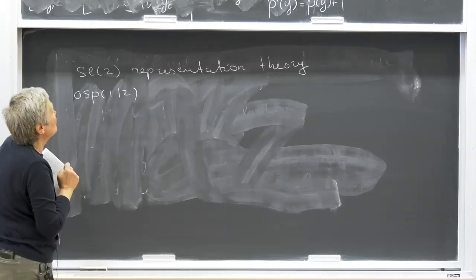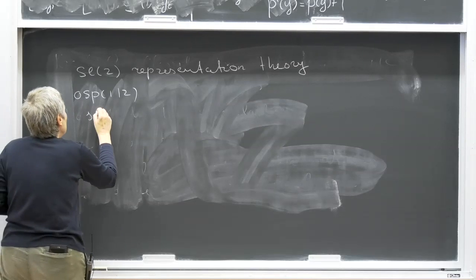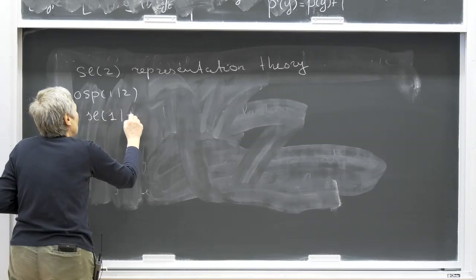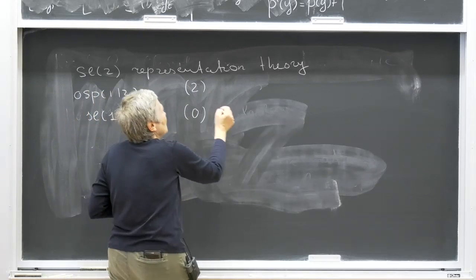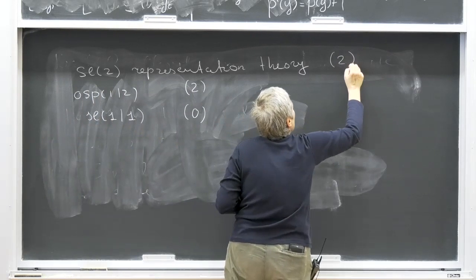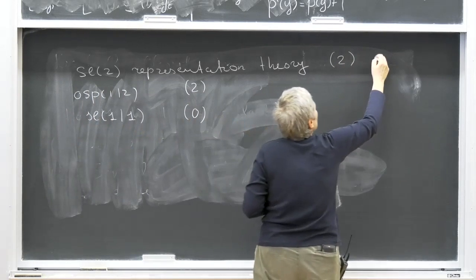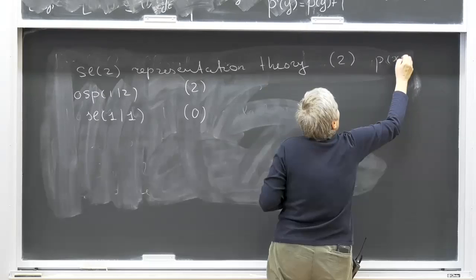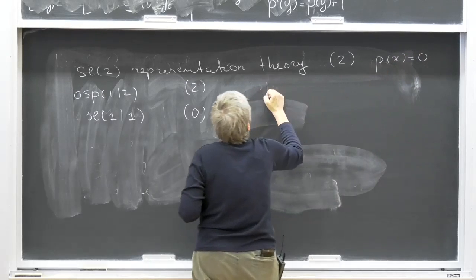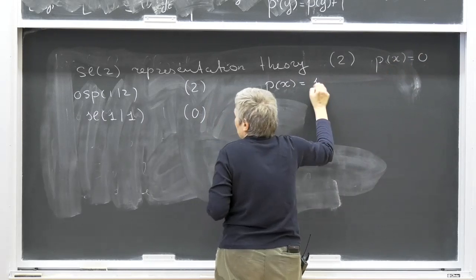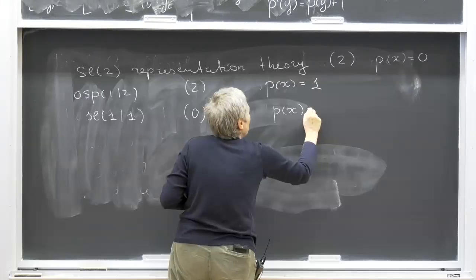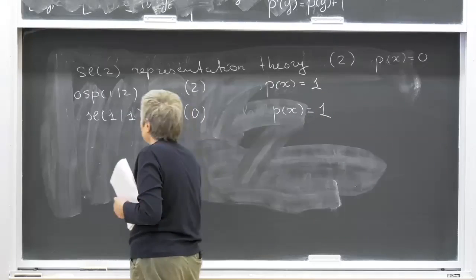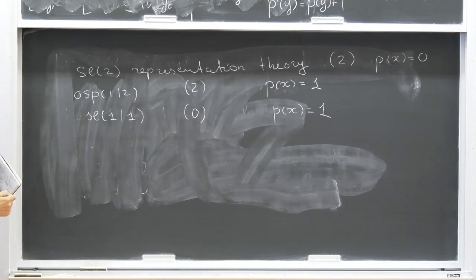And then there is a third algebra, which is called SL11, which corresponds to the situation when I have 0. So here and here, I have Cartan matrix 2, but parity here is 0, and parity here is 1. And here I have a parity 1. The representation theory of this is terribly simple, basically reducible representation theory.